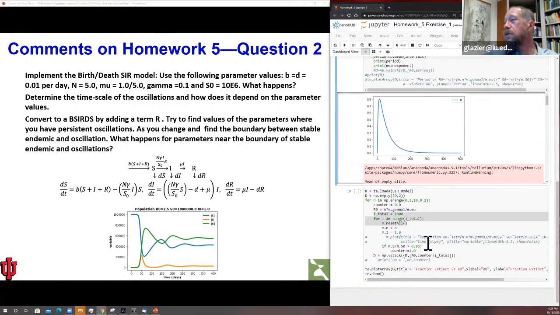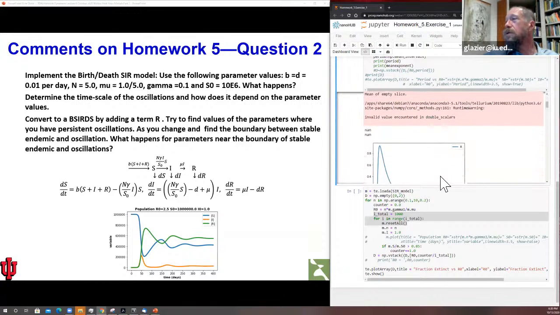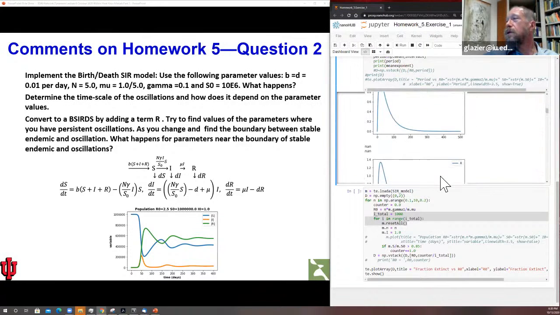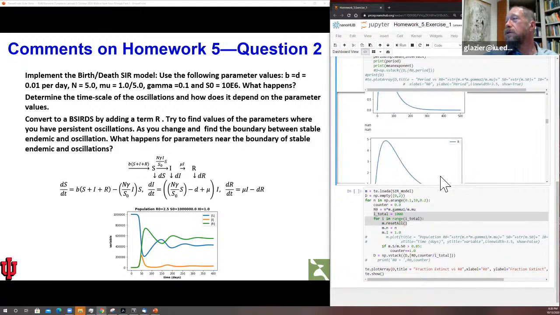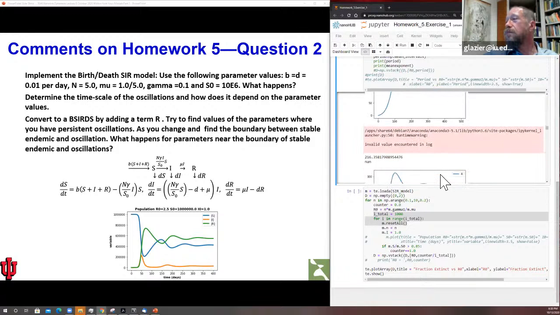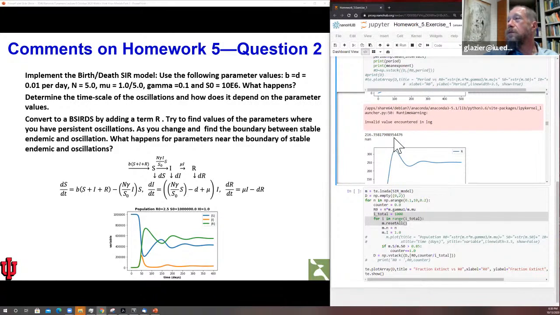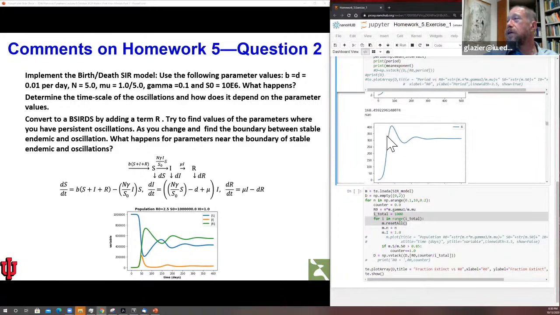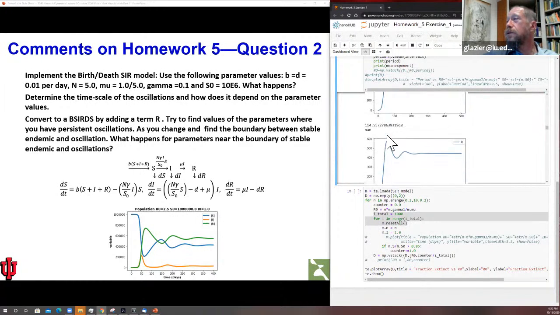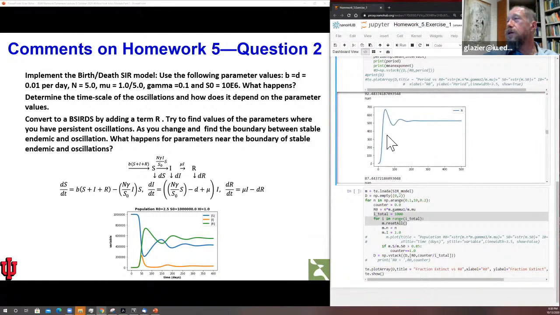Invalid number in scalar, not a number, not a number, not a number, not a number. So there's a period, but it gave me not a number for my logs.